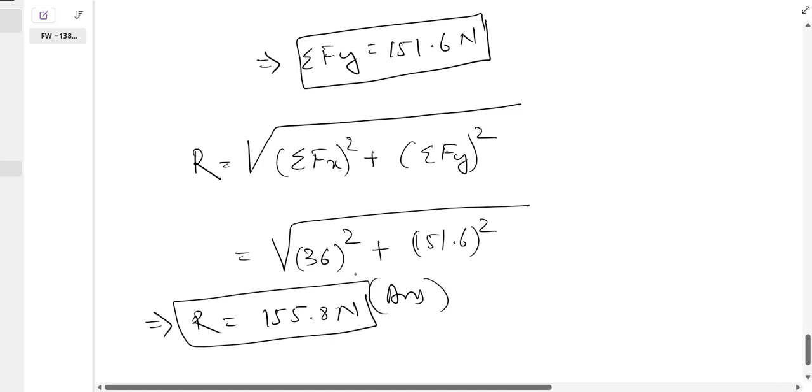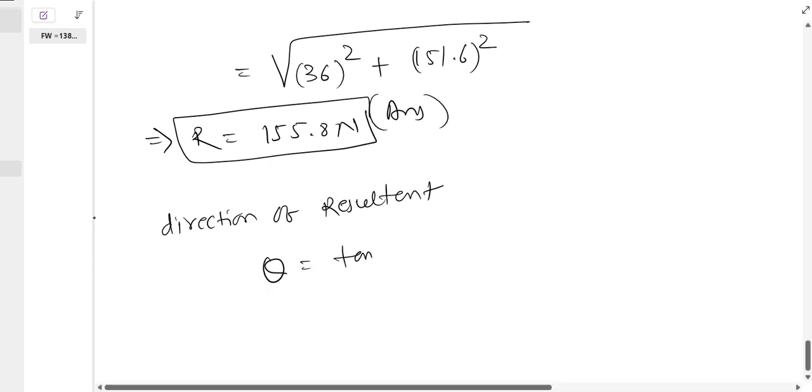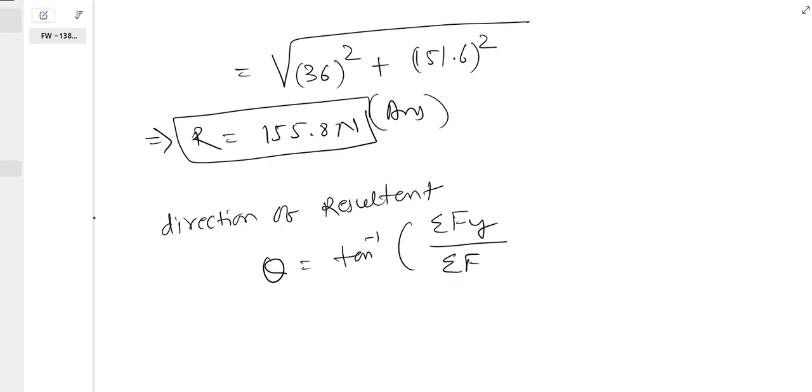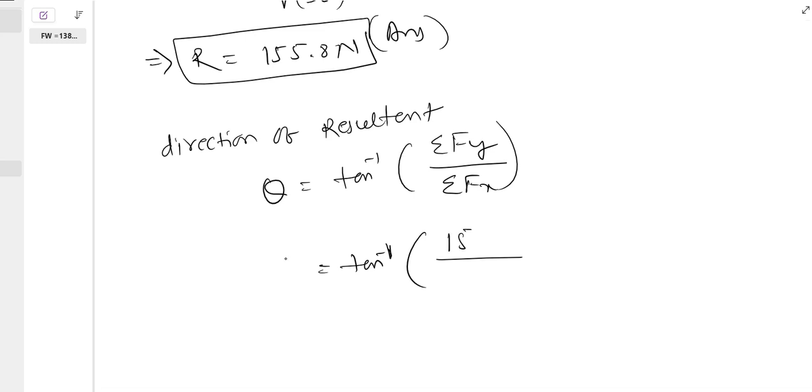Next we have to calculate the direction of resultant. So resultant direction theta is equal to tan inverse of sigma Fy by sigma Fx, equal to tan inverse of 151.6 by 36.